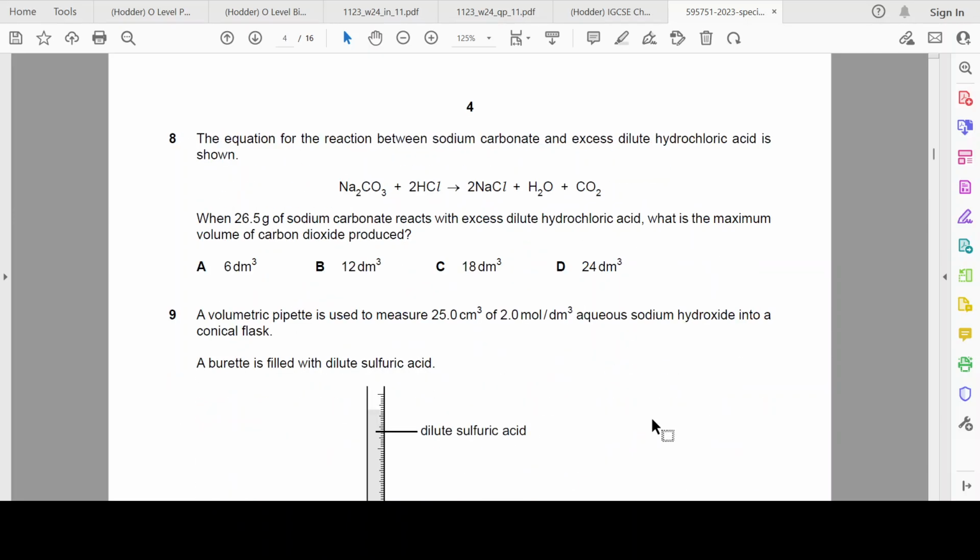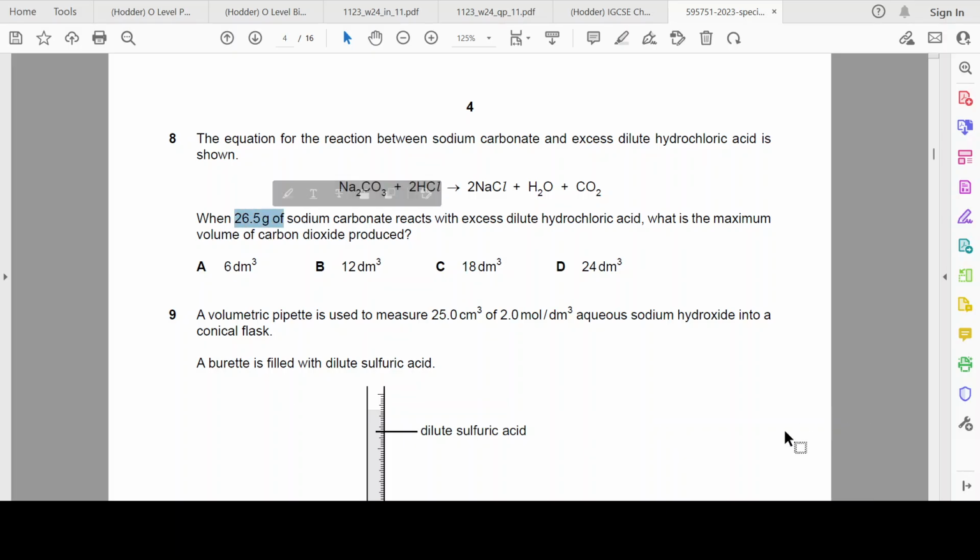Now, 106 grams is 1 mole. So how many moles is 26.5 grams, the mass that's been used?